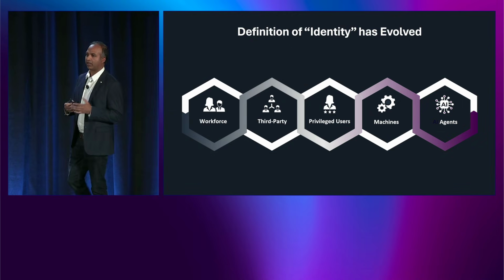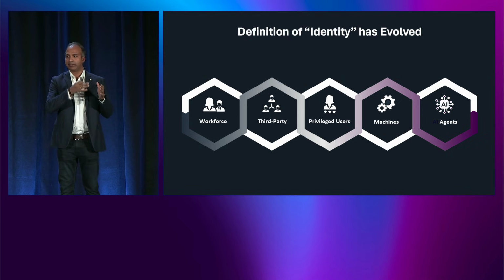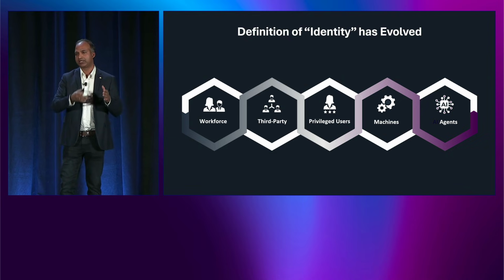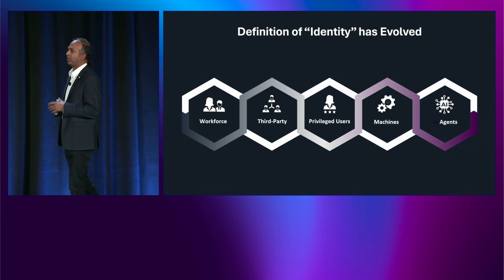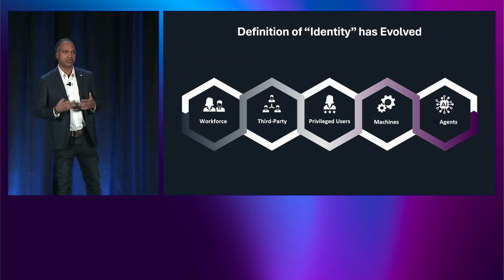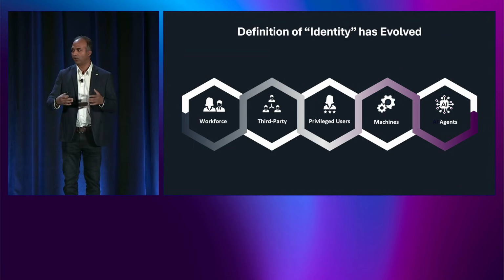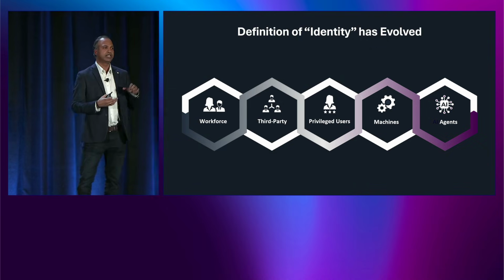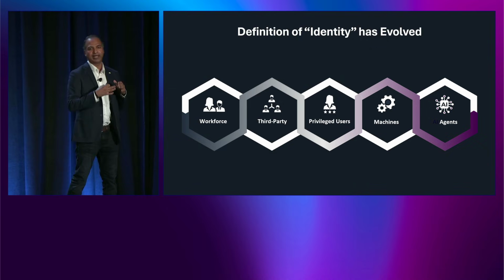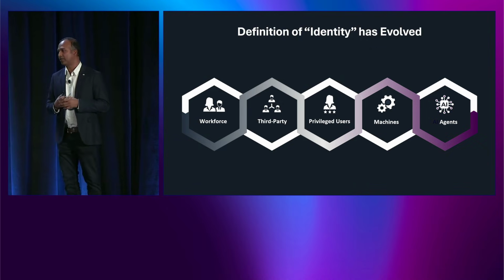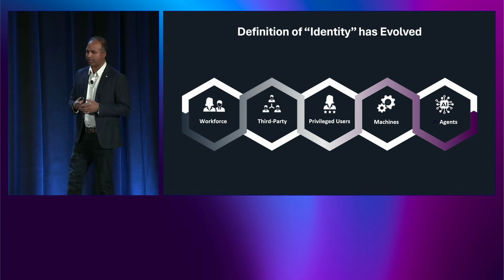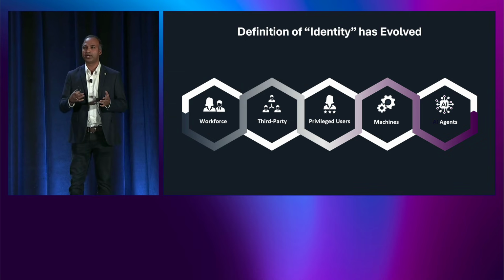And the definition of identities kept on shifting from internal employees to external workers. Privileged users were always in the mix, but the whole rise of cloud really changed the dynamics with a massive explosion of non-human identities, which started, if I remember correctly, in 2017. It used to be 1:4.